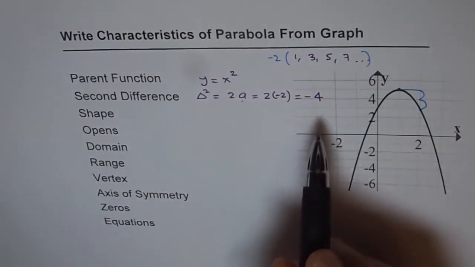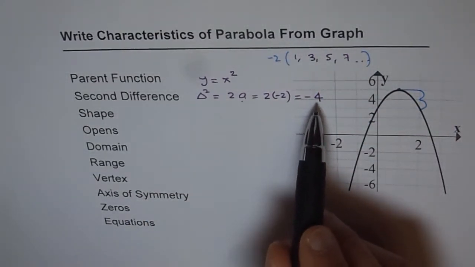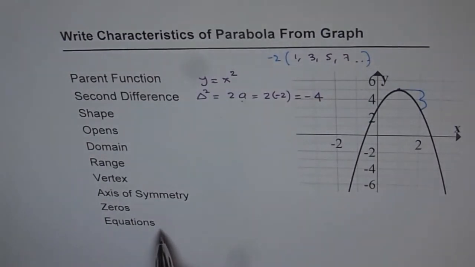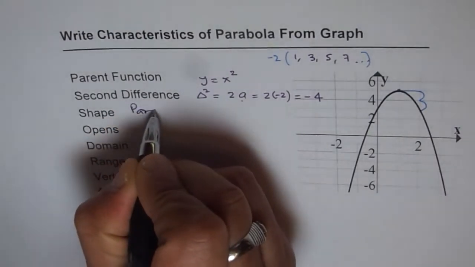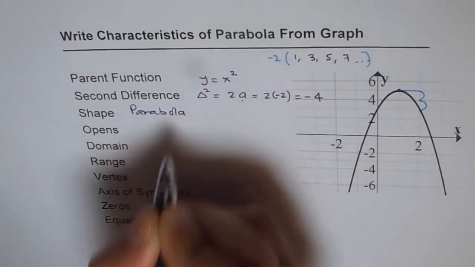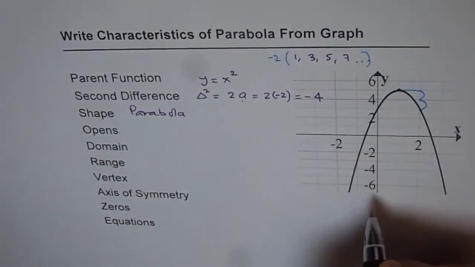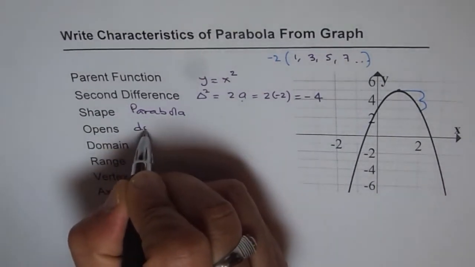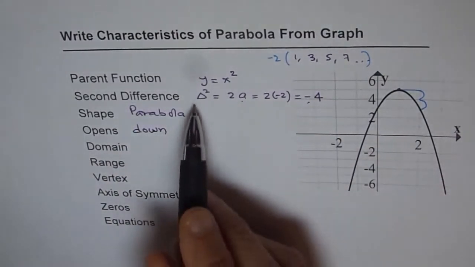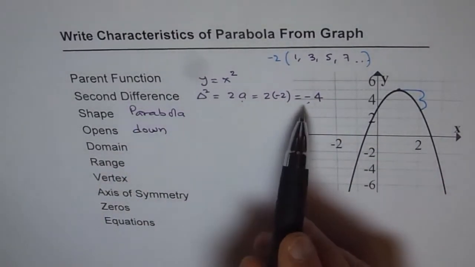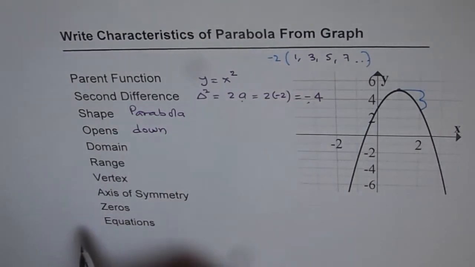But well, let us write it down for now and we'll confirm it later when we do the equation of this parabola. Now shape is parabola, right? For every quadratic function, the shape is parabola. This one is opening down, right? And that confirms it: second difference is minus, that means it opens downwards.